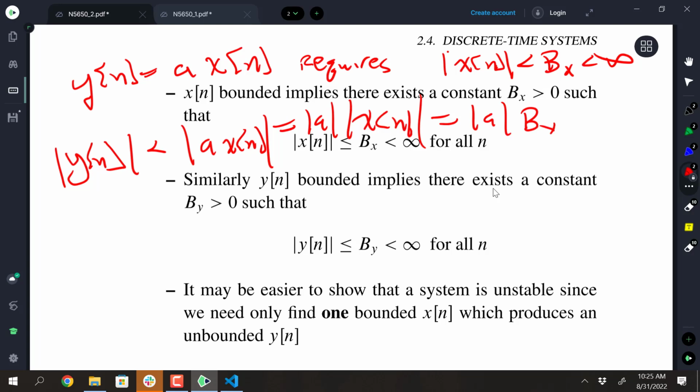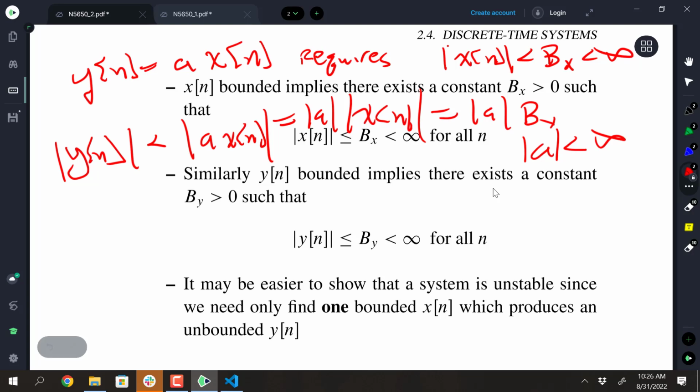I know the bounded input is less than infinity, so what do I have to simply add on to make sure it's stable? I just have to add on there that the magnitude of A has to be less than infinity. I went one step beyond talking about it being stable. I talked about what I have to do in the system to make sure it's stable. In this case, I just have to make sure the magnitude of A is less than infinity.